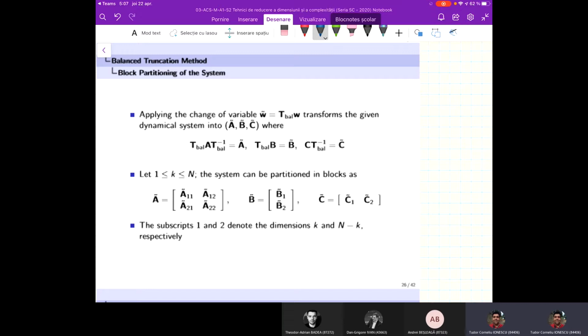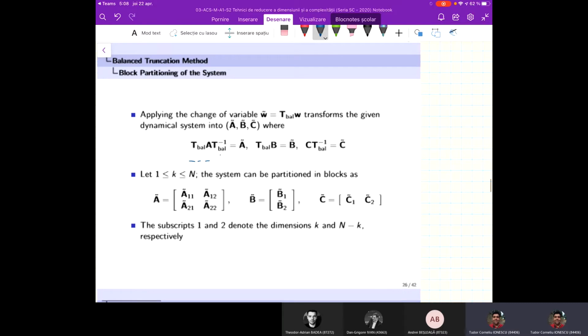First of all, you need to apply the change of coordinates. You do W tilde is T bal W, transforming the given dynamical system into A tilde, B tilde, and C tilde, applying a change of coordinates. Then you look at the Hankel singular values and you realize that at index k, sigma k is much larger than sigma k plus 1.